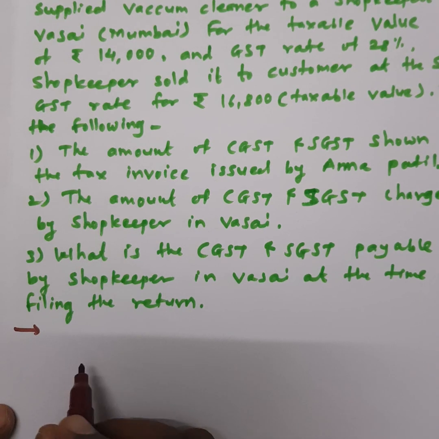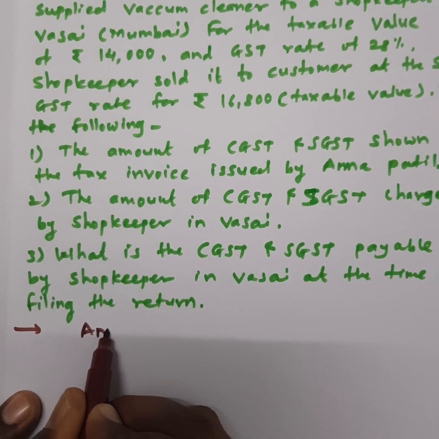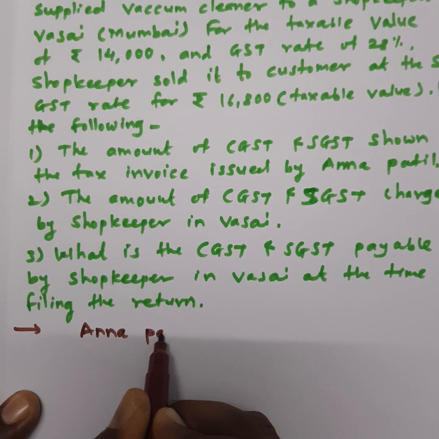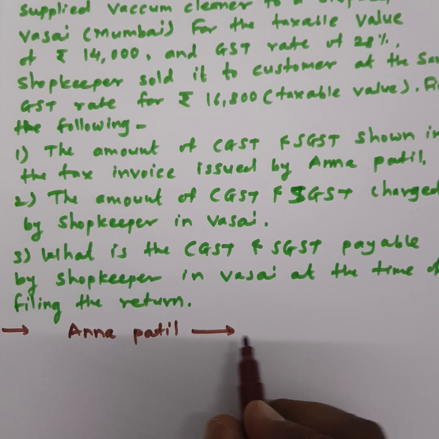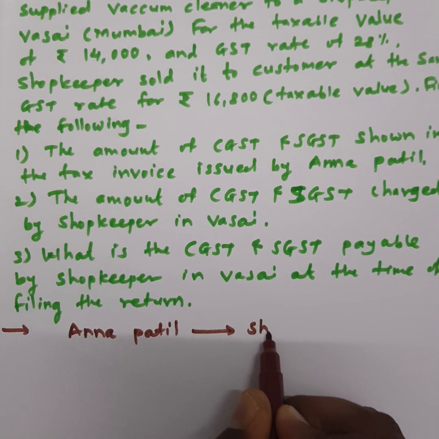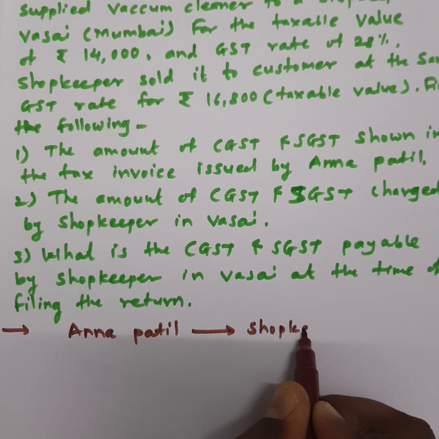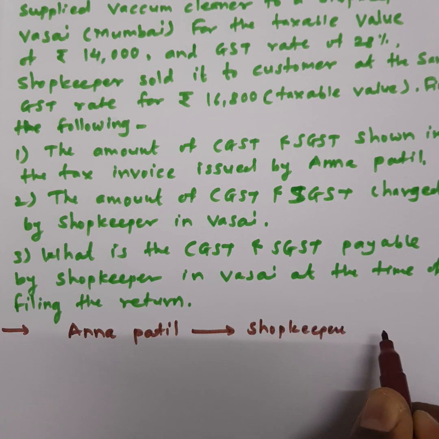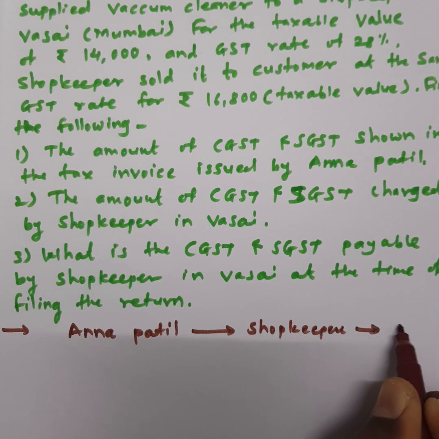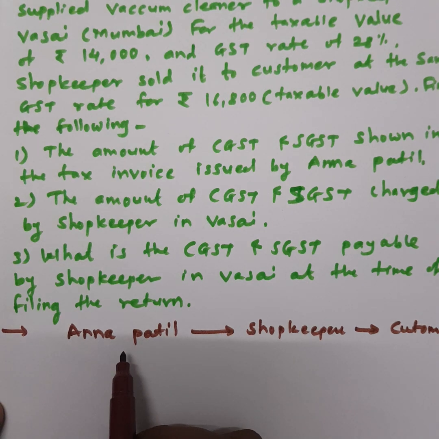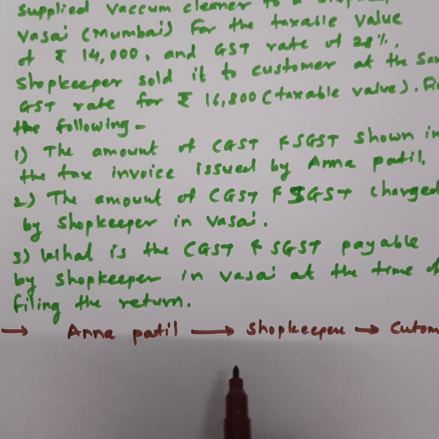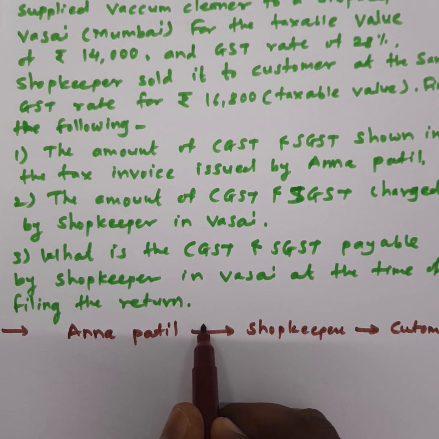Here the trading chain is: first, Anna Patil sold the vacuum cleaner to the shopkeeper in Vasai and he sold it to the customer. Anna Patil sold it to the shopkeeper for rupees 14,000.